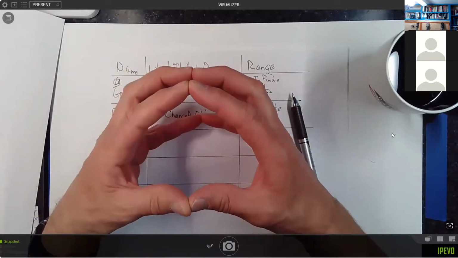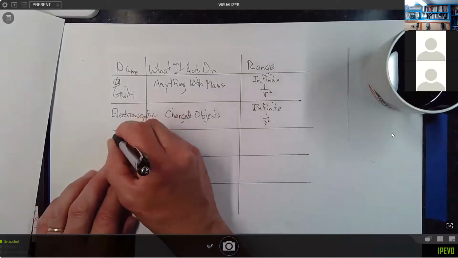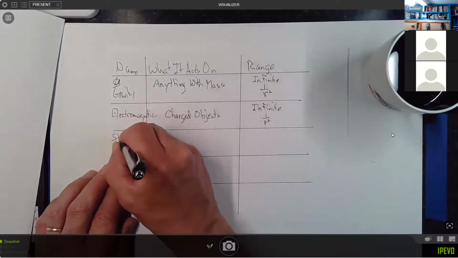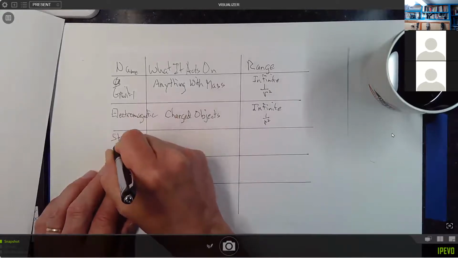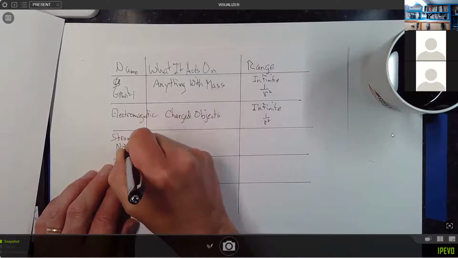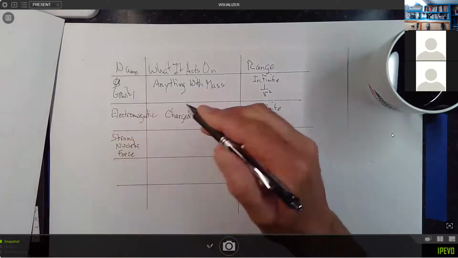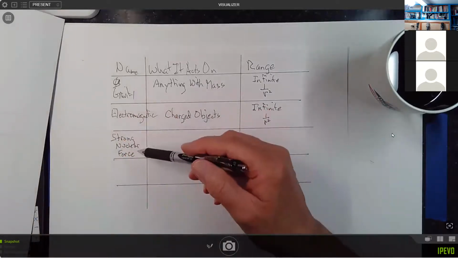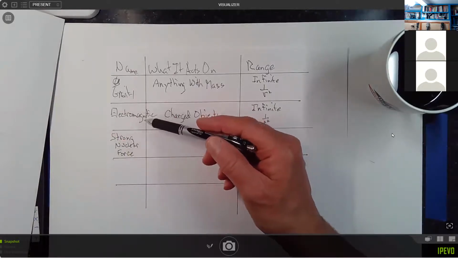But the protons somehow stay together in that nucleus. They're held together by another force of nature that we call the strong nuclear force. And it's strong enough to overcome the electromagnetic repulsion between those protons in the nucleus.